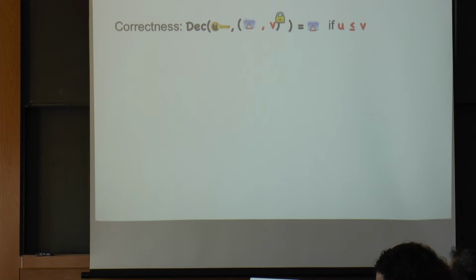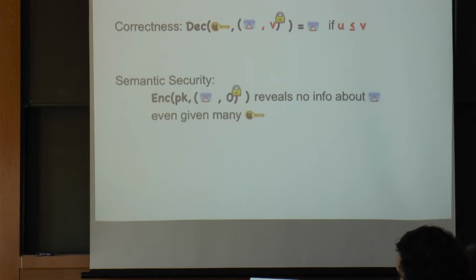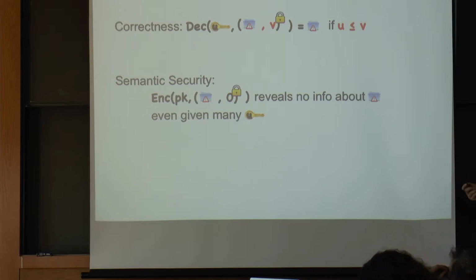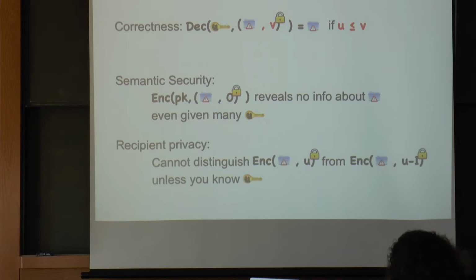Properties: we have the correctness property that says if I encrypt to an interval and then decrypt with a user in that interval, I can decrypt. We have semantic security, which says if I give 0 as an input to the encryption algorithm, that means no one can decrypt. The security says that's actually the case, even if I give you all the secret keys for everyone, you can't decrypt.